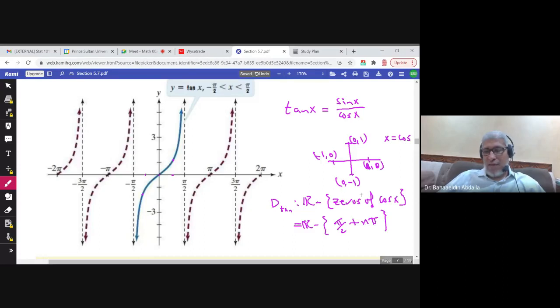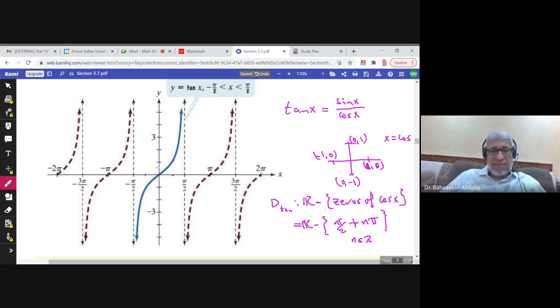So if you add any multiple of pi, you get 0. So this is the domain of tan: real numbers except pi over 2 plus n pi, where n belongs to Z. Z is the integers: 0, 1, 2, negative 1, negative 2.